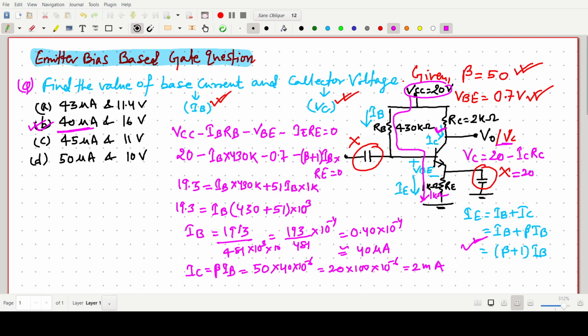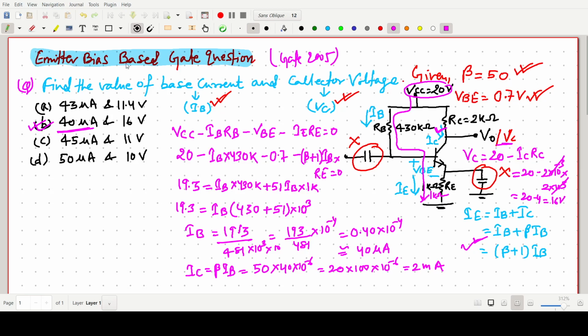So it is 20 minus IC, which is 2 into 10 to the power minus 3, into RC, which is 2 kilo ohm, so 2 into 10 to the power 3. The 10 to the power 3 and 10 to the power minus 3 cancel, so it is 20 minus 4, which is 16 volts. This is a very simple question, but I think it came in 2005. So this is the 16 volt.